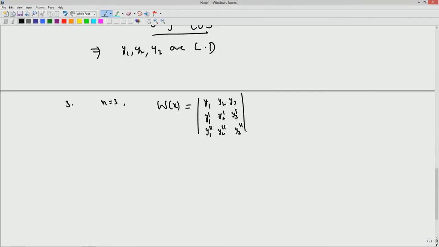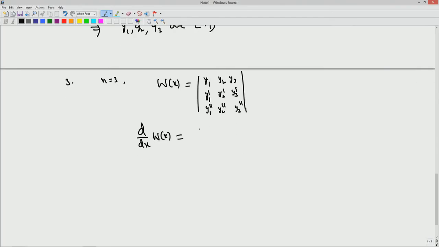So what is the meaning of the derivative? d/dx of W of x, where y1, y2, y3 are solutions. You make this Wronskian. If you want to differentiate the determinant, what is the procedure?